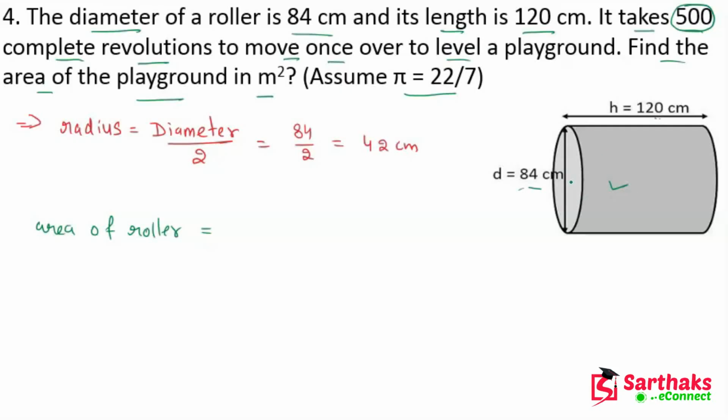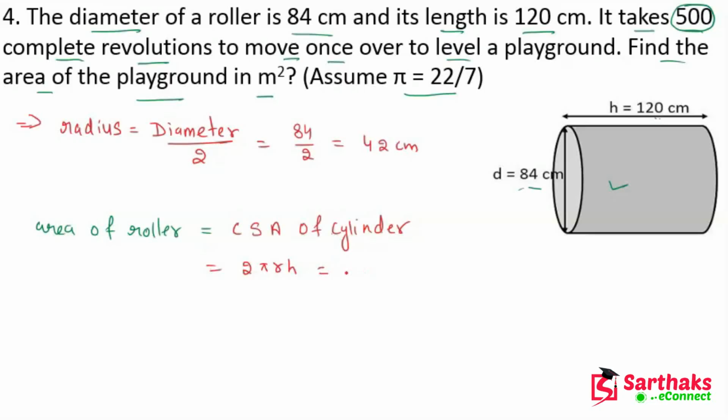So there is no need of the base. So area of roller is equal to CSA, curved surface area of cylinder, which is 2 pi RH.